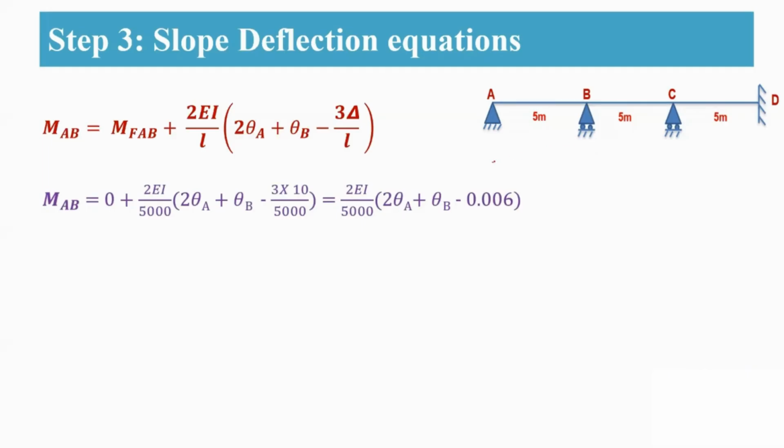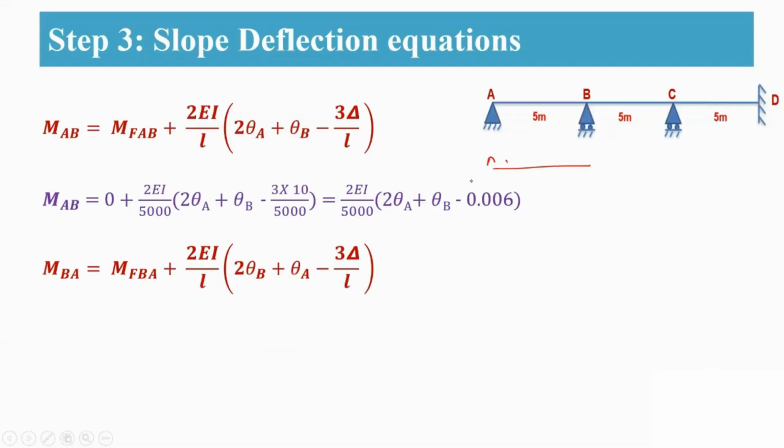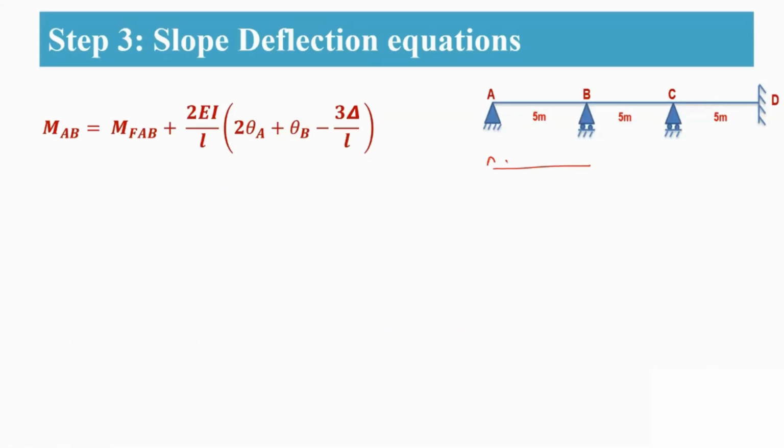As this is the AB beam, B has settled by 10 mm, that is B dash.